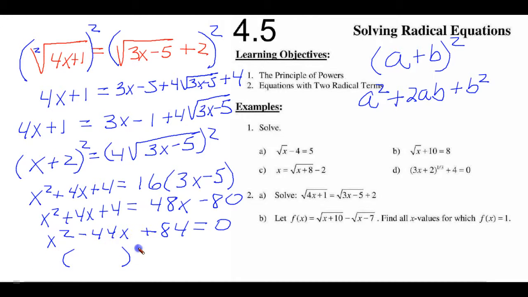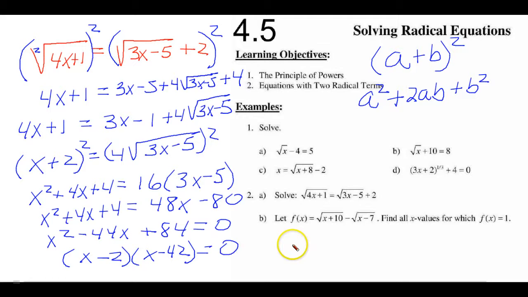Now we factor that, and we get an x and an x. And I don't know if you can see it. If you divide this by 2, this gives you a 42 and a 2. Multiplying these together, you get that, and they both have to be negative.